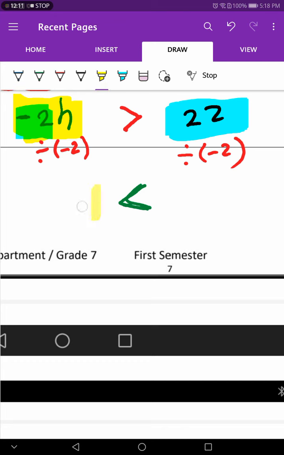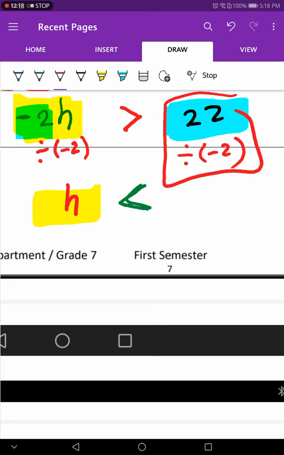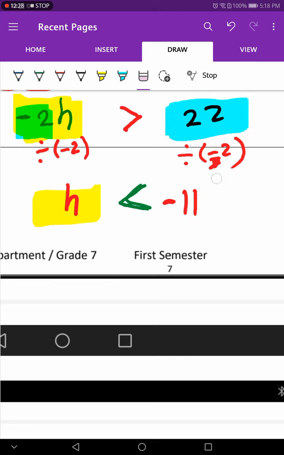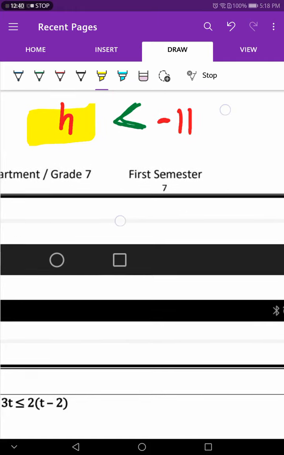So on the left side, the h will come down, and here 22 divided by 2 equals 11, and we have negative here. So it is negative 11. My dear student, be careful about switching when you divide or multiply by a negative number. You have to switch the sign. Don't be like me, I forgot in the previous question.